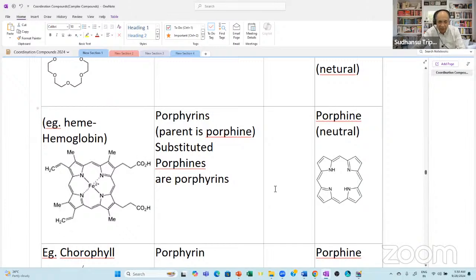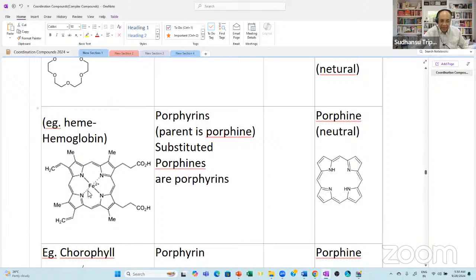This is the porphin parent structure, the porphin moiety without any branch. But in natural bioinorganic complexes, they're all branched, and the branches are different in different complexes.